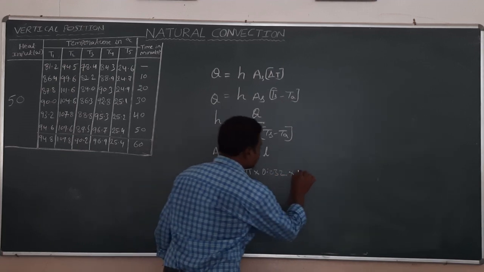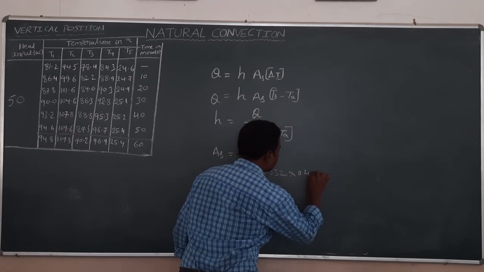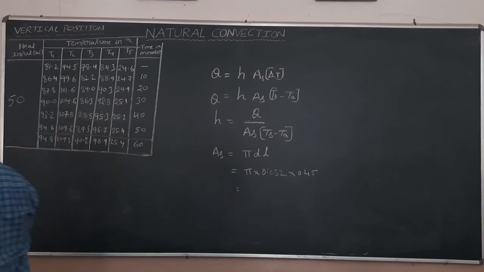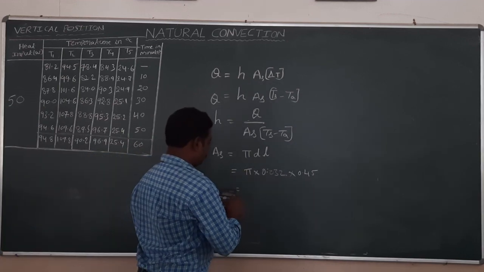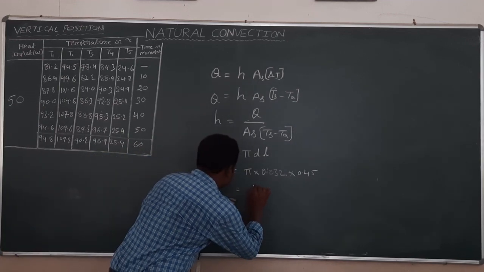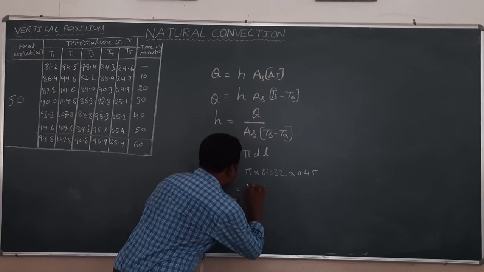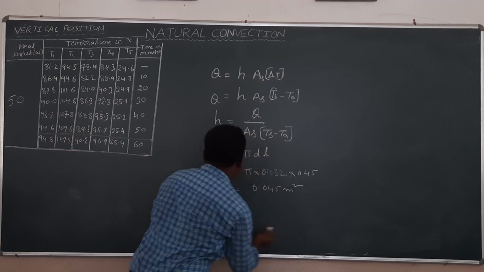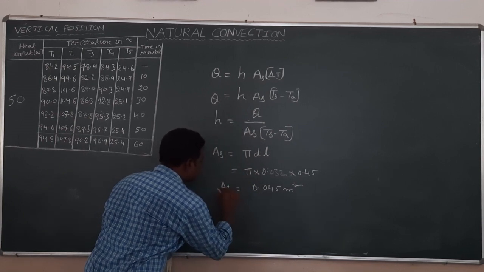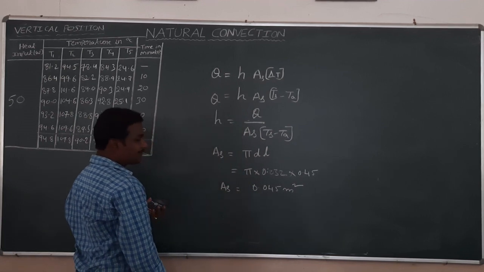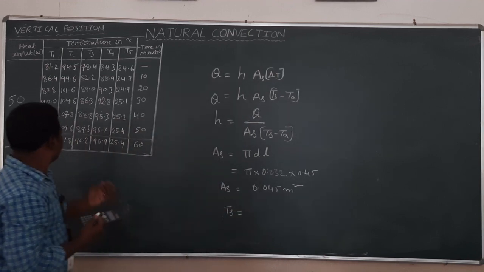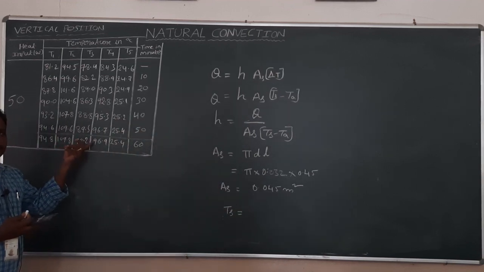Convert this into meters, 0.45 meters, and calculate using the calculator. The surface area is 0.045 meter square.